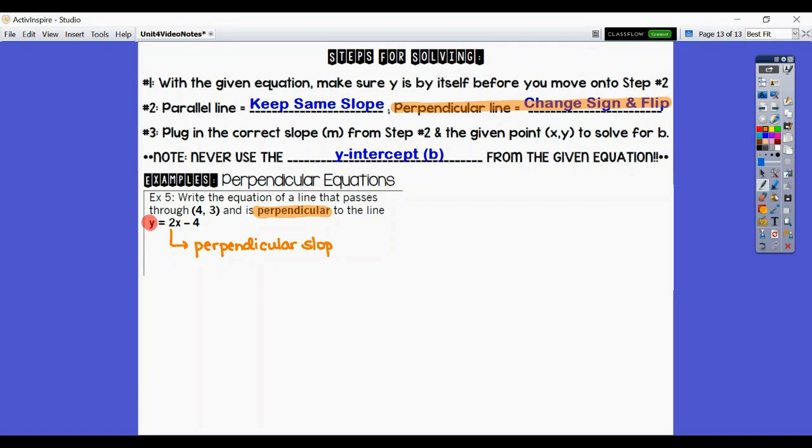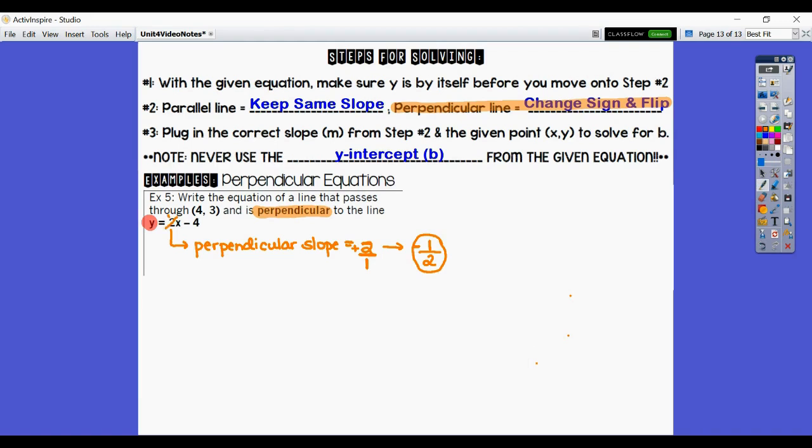So I take that slope of 2 and I make it negative. It was a positive 2, so I make it into a negative. Then I go ahead and flip my fraction. If it's a whole number, I put it over 1. And that way, when I flip it, it is 1/2.